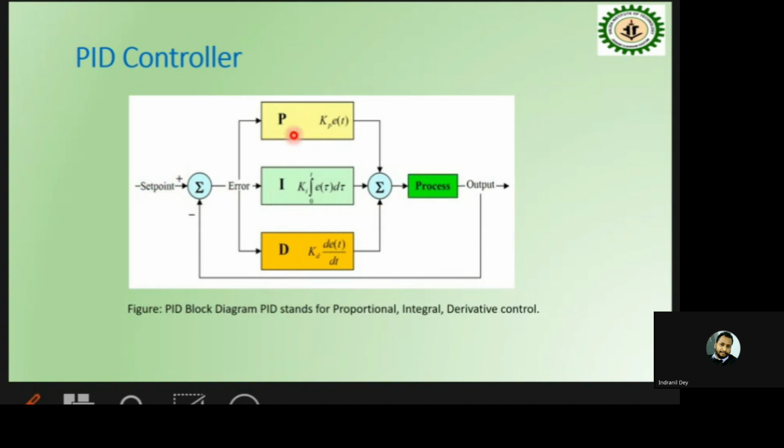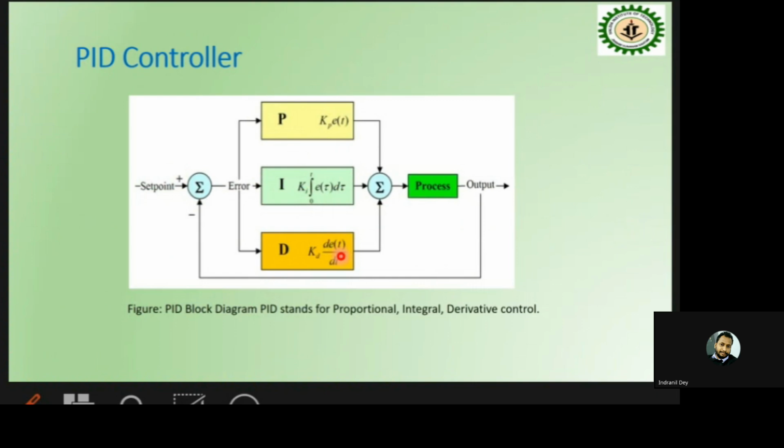As the name suggests, P stands for proportional. Proportional to what? Proportional to the error. Here e(t) is the error signal, the output is proportional to the error, and Kp is the proportionality constant. The integral part is basically the integration of the error signal, with the integration constant Ki.